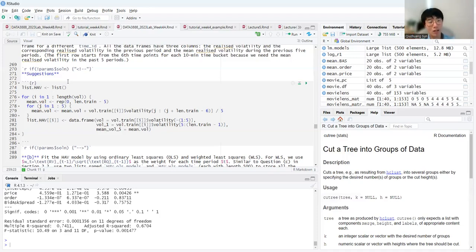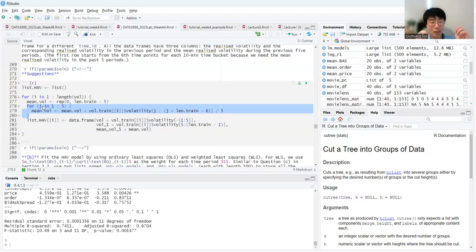Okay, so now essentially this for loop is just to compute the mean realized volatility in the last 5 periods. This code is a bit difficult to understand, and you can try to run it yourself to see how it works.